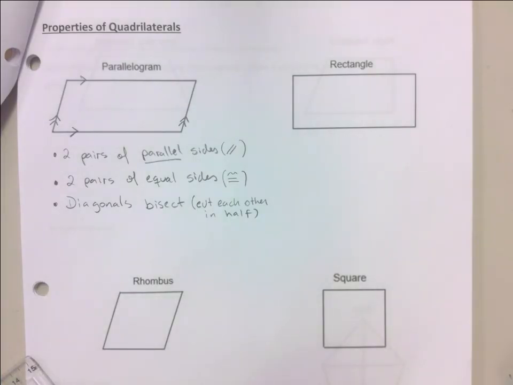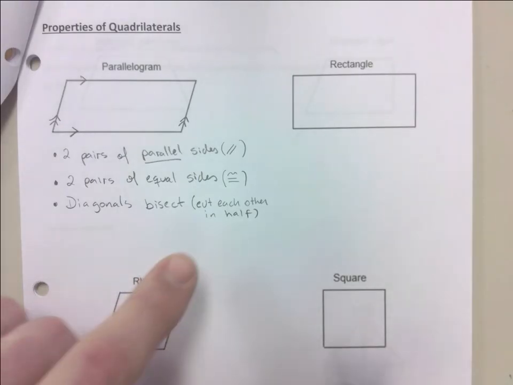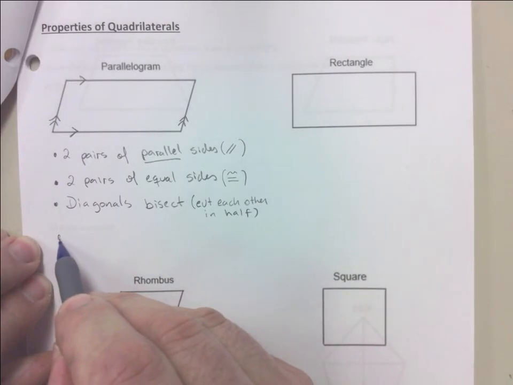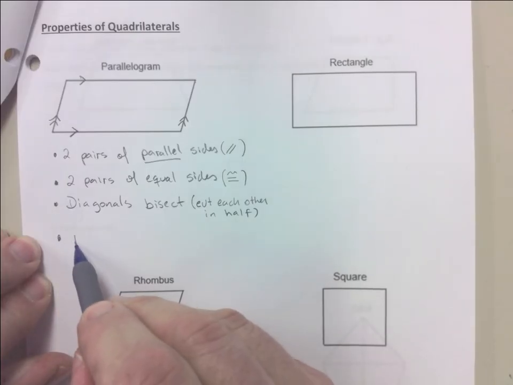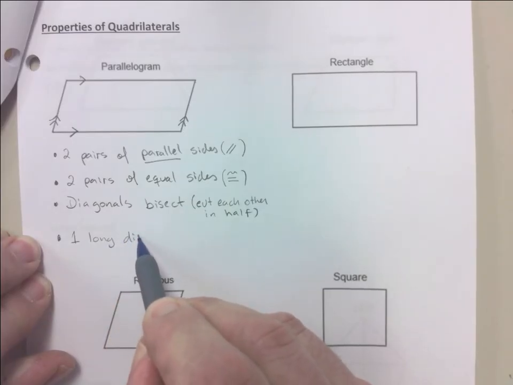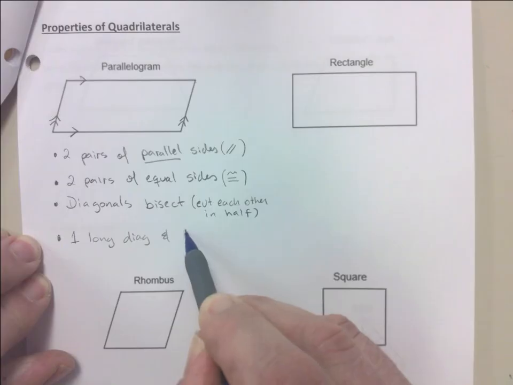Hey, you want to bisect that $10 bill? I don't know. You want to split the bill, right? Bisect, that's what it means. You cut each other in half. So another one, you've got one long diagonal and one short diagonal.